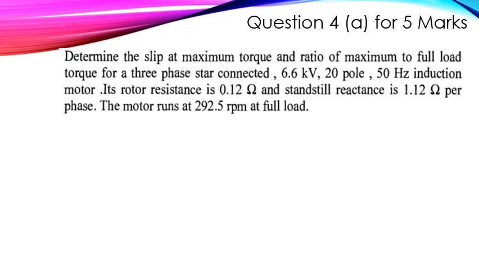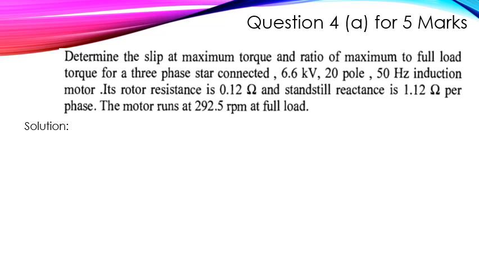Its rotor resistance is 0.12 ohm and standstill reactance is 1.12 ohm per phase. The motor runs at 292.5 rpm at full load. So what we have to determine here is the slip at maximum torque and the ratio of maximum to full load torque.